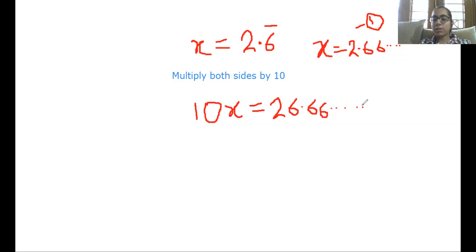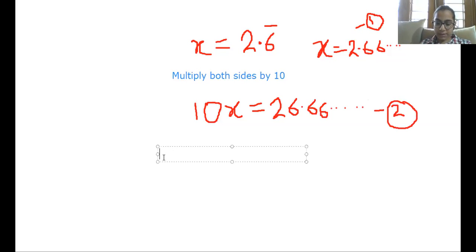We multiplied both sides by 10. 10 into x equals 10x, and 10 into 2.6666 equals 26.6666. Just one 6 is taken to the left side of the decimal, right? And now we'll take this as our equation number 2.